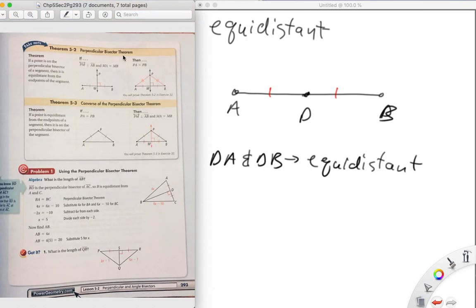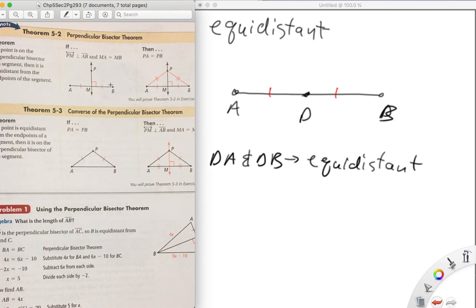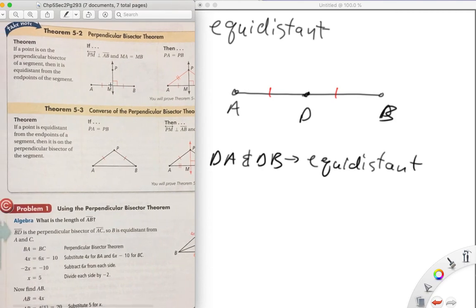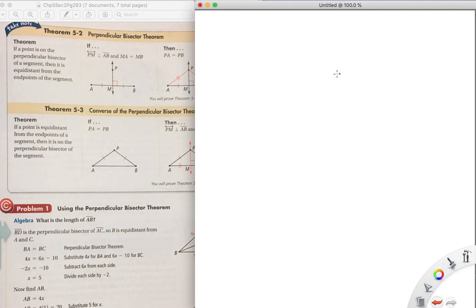All right, and that leads us to one of four theorems of the day. Perpendicular bisector theorem. And here's what the perpendicular bisector theorem says.